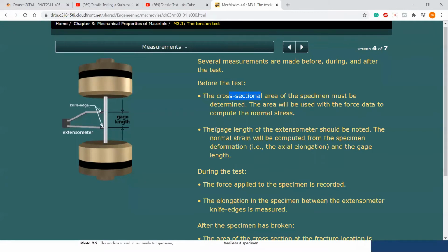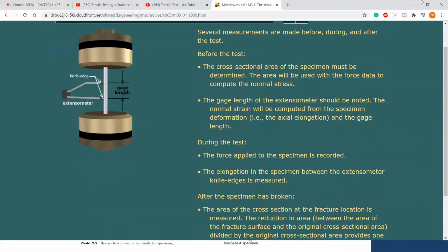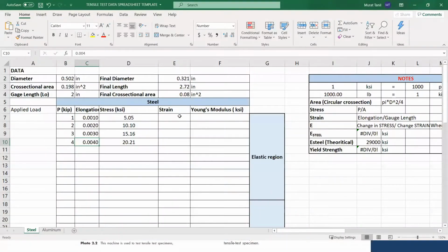Okay, the gauge length of the extensometer should be known. So we already noted that the gauge length was 2 inches. The normal strain will be computed from the specimen deformation, in this case the axial elongation and the gauge length. So how do we do this? To get the strain, you have the equation, elongation divided by gauge length.